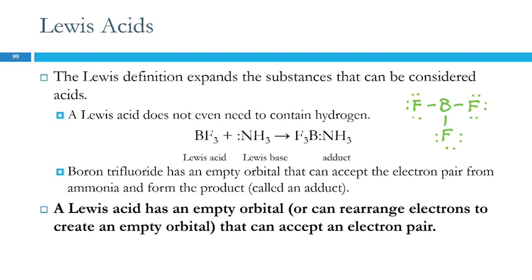So NH3 is going to have a lone pair on the nitrogen. This has a full octet, 2, 4, 6, 8. This does not have a full octet. So this electron pair can get shared with the boron.